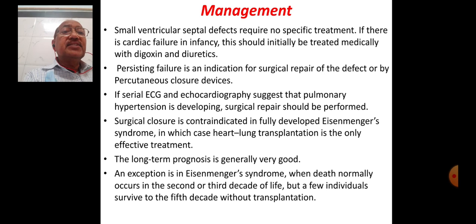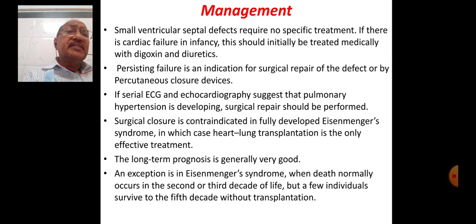If serial ECG and echocardiography suggest that pulmonary hypertension is developing, then the VSD should be closed as early as possible. Depending upon the size of the defect, you can utilize a cath-based intervention or surgical.